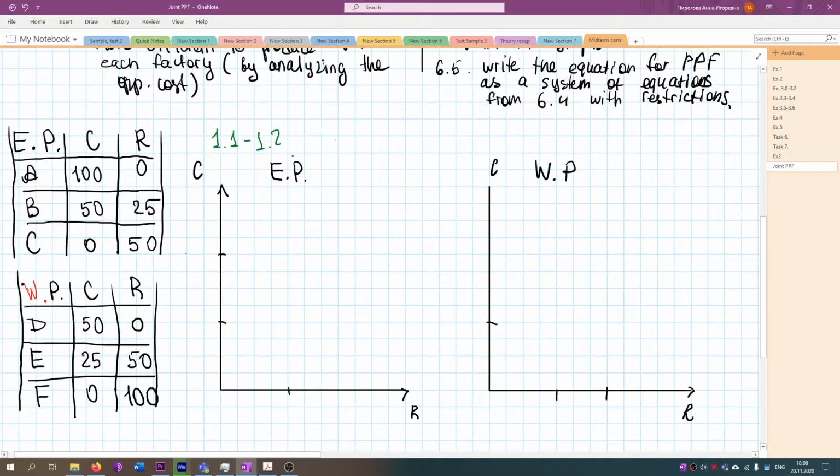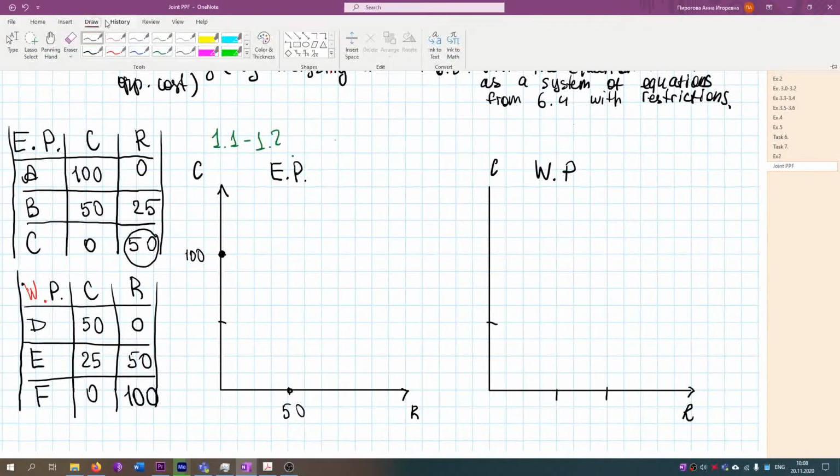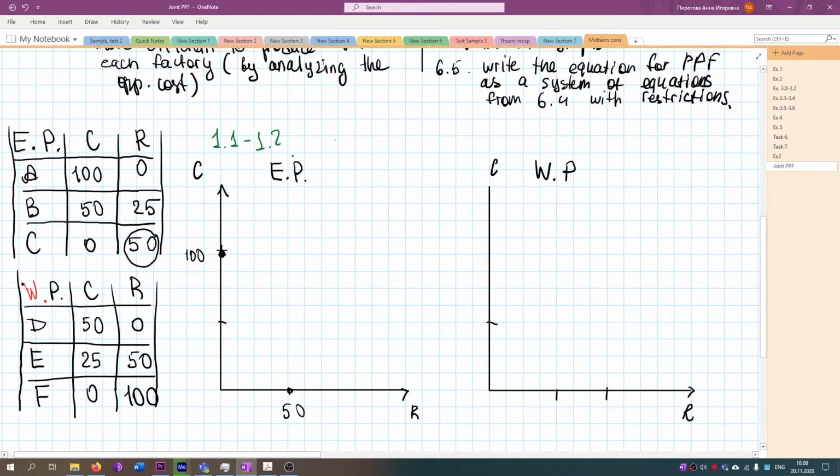So we will put this point here. And we can also see that if Eastern production produces only radios, it can produce 50 of them. So it is our second point of the graph. And we just can connect them.